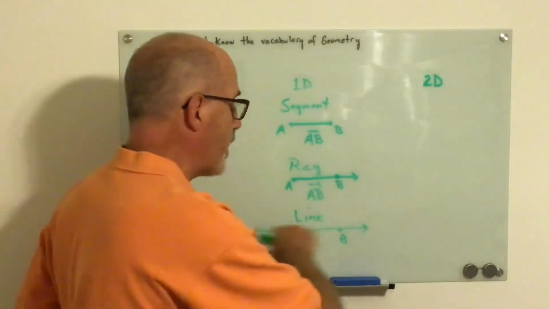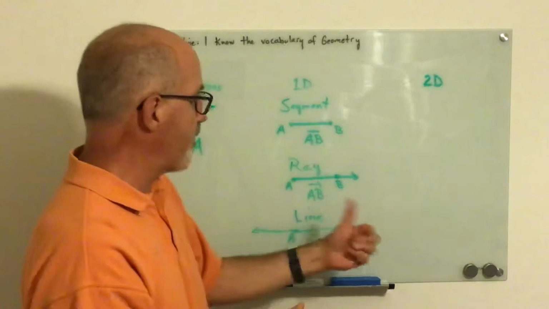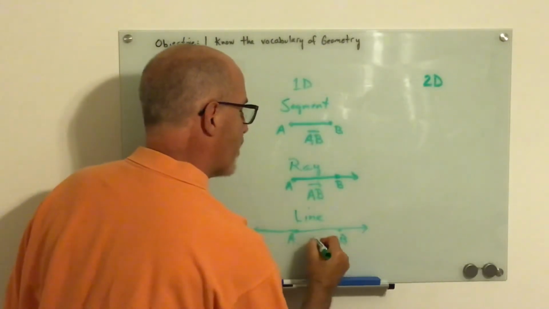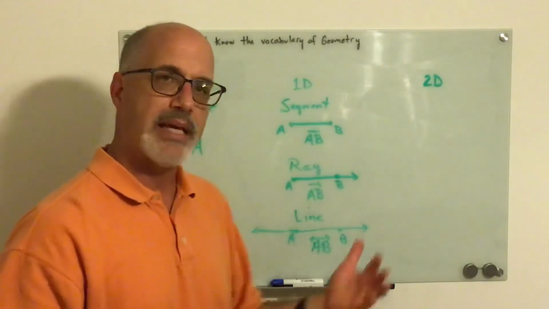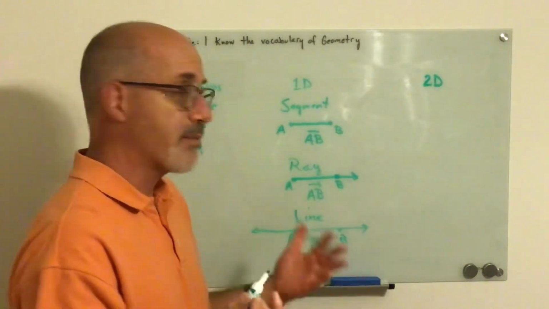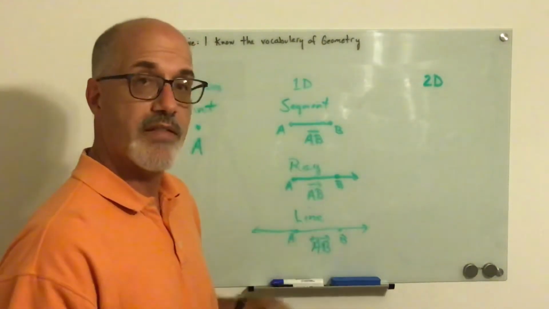So we have that 1 dimension of heading this way, but it goes that way infinitely and this way. We label that with AB and then a line over the top of it. It could also be labeled as BA because it also goes through both points, but in both directions. Just like this could be segment BA instead of AB.